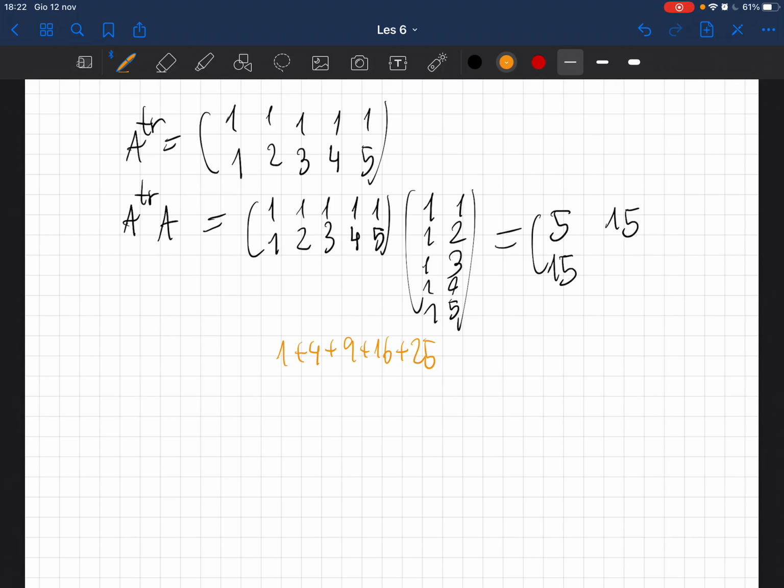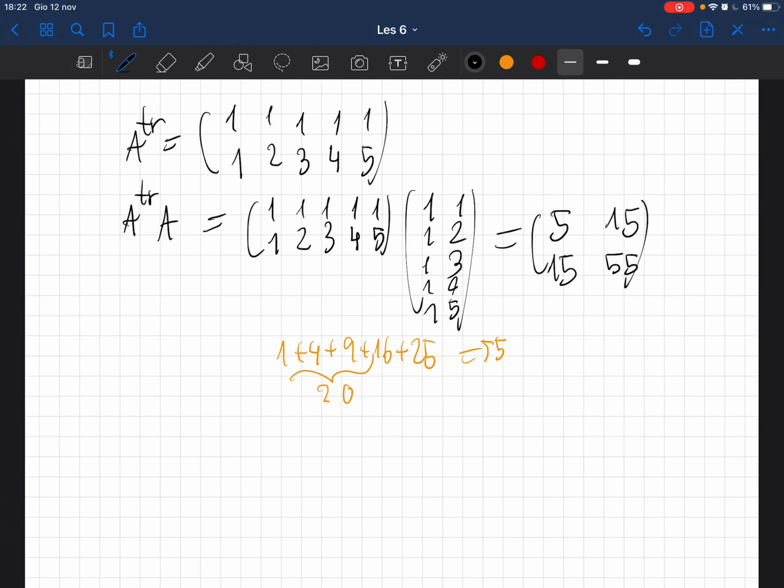What is this? Well, it's 25 plus, this is 20, I think. Hope so. 5, 14, this is 20, so it's 55. Yes, so this is it. Very good, this is it.